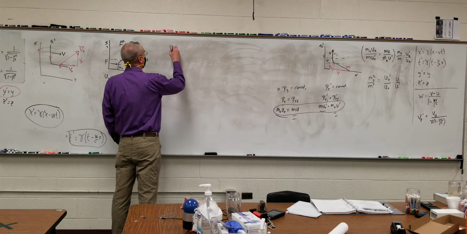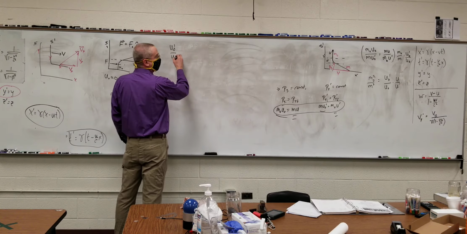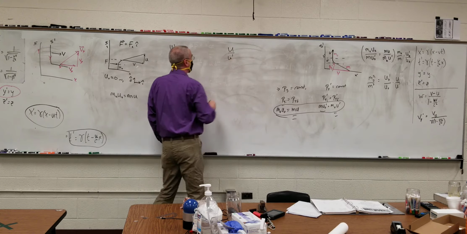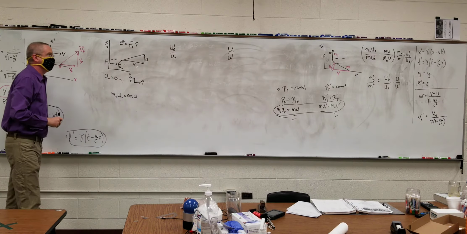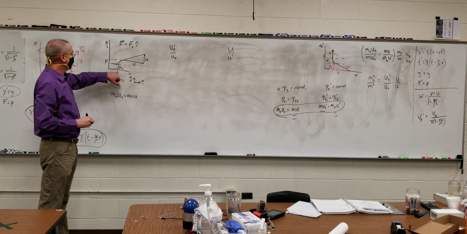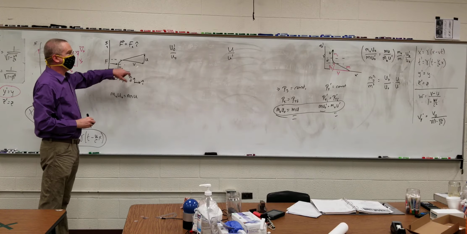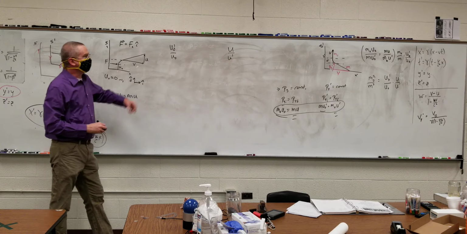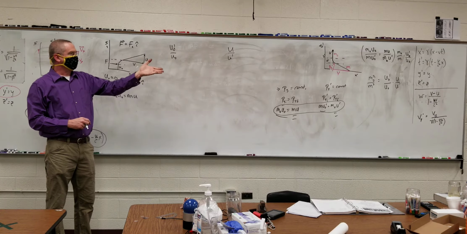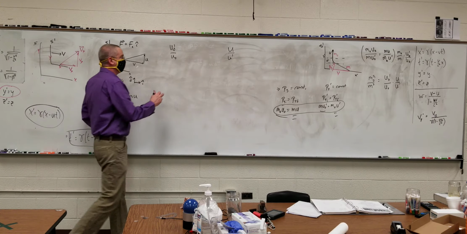So u naught prime over u naught, I need that relationship, and then I need the relationship of u over u prime. All right, so beforehand, we have u naught and u naught prime. The difference is that the object is speeding towards you. That's the prime frame going away. The particle is moving towards.